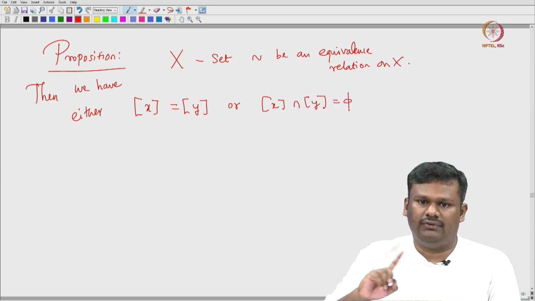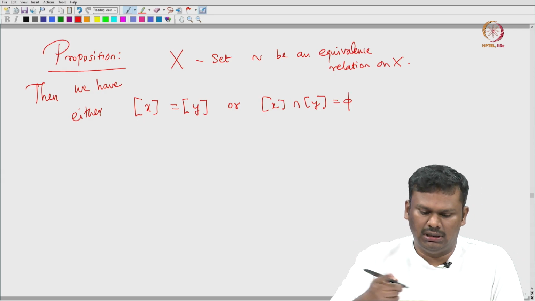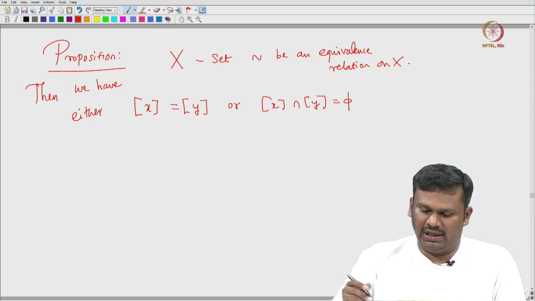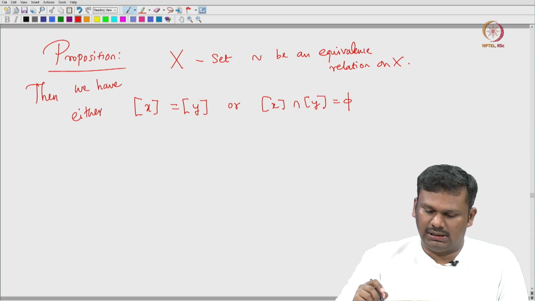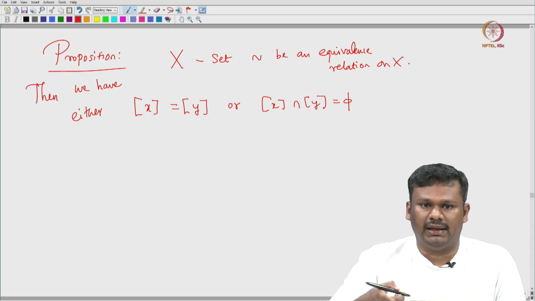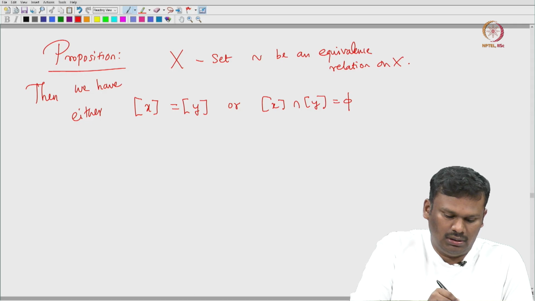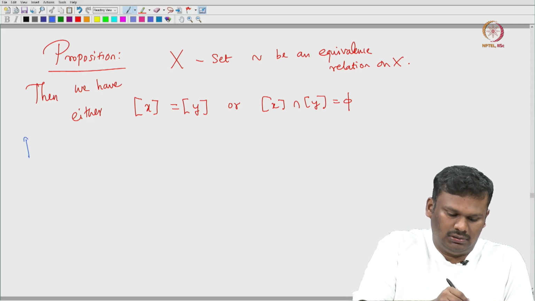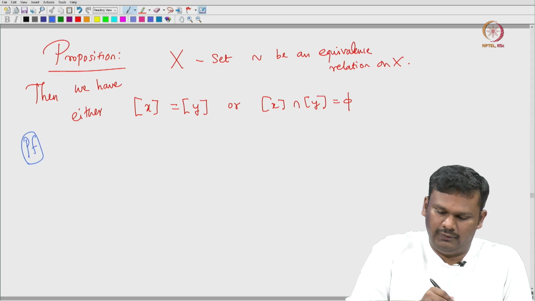If we start with an equivalence relation, then the equivalence classes have this wonderful property. Let us start proving this. It is enough to prove that whenever two equivalence classes have non-empty intersection, both of them are equal. Let us write down the proof.